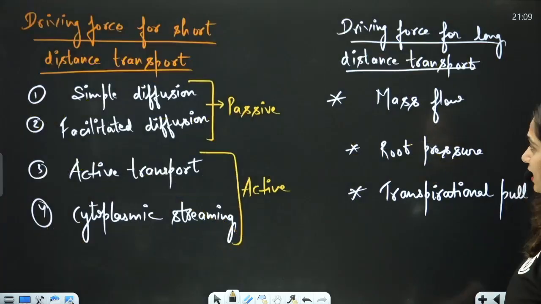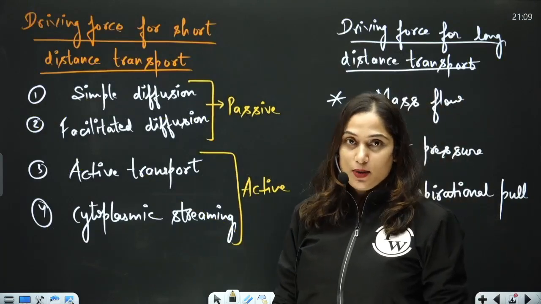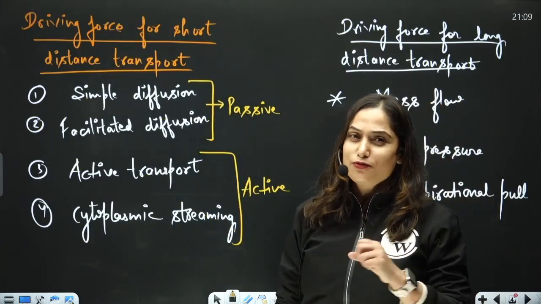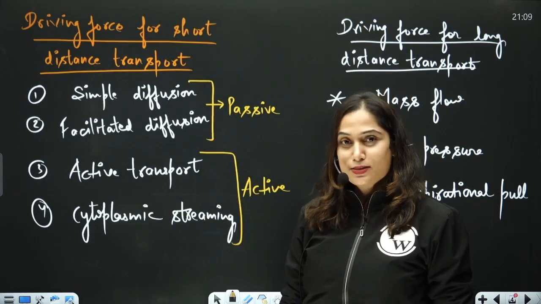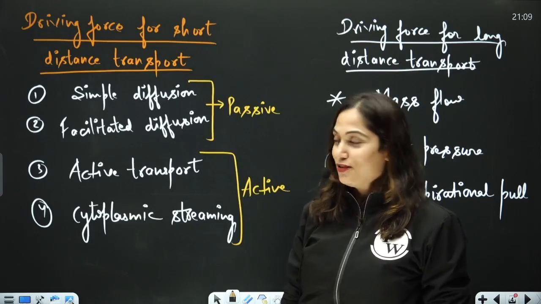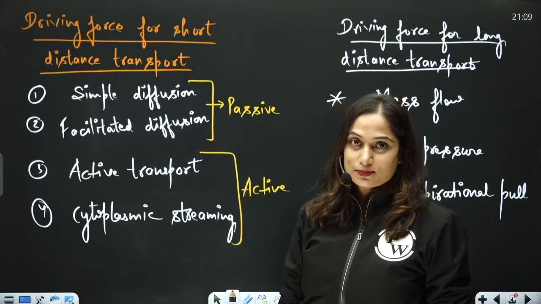Let's first discuss the short distance transport. What are the forces in the plant that are responsible for the short distance transport? Four major forces: simple diffusion, facilitated diffusion, active transport, and cytoplasmic streaming.